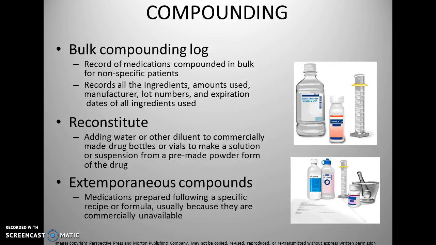Record all the ingredients, amount used, manufacturer, lot number, and expiration date of all the ingredients used. Reconstitute again means adding water or the diluent to commercially made drug bottles or vials to make a solution or suspension from a pre-made powder form of the drug. And then extemporaneous compounds: medication prepared following a specific recipe or formula, usually because they are commercially unavailable.